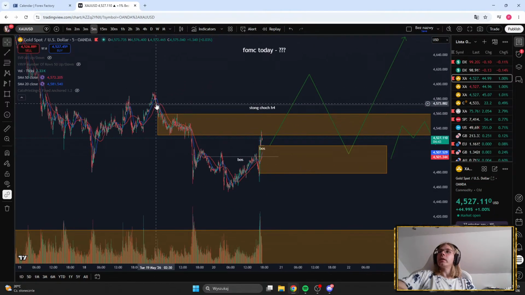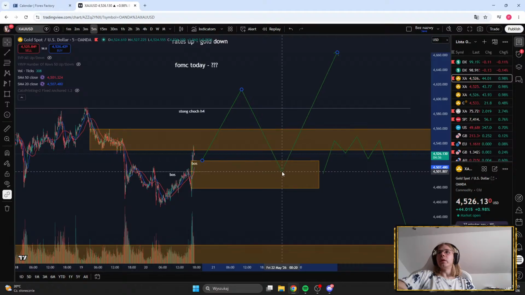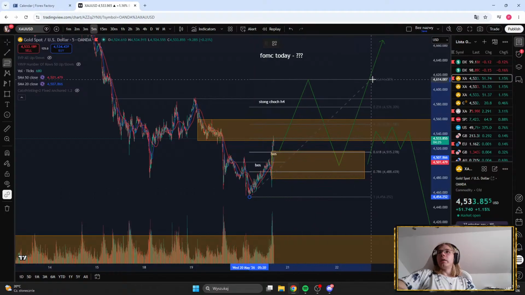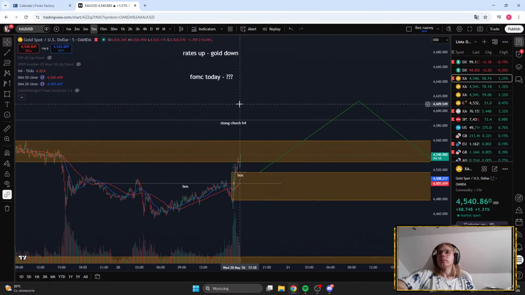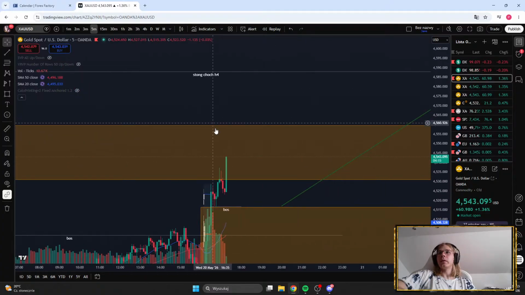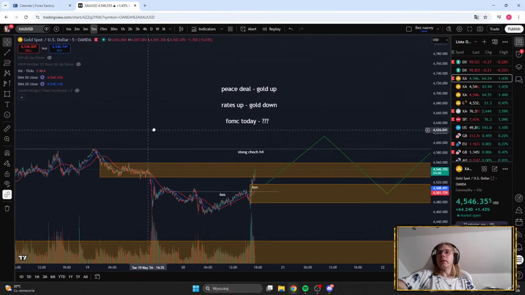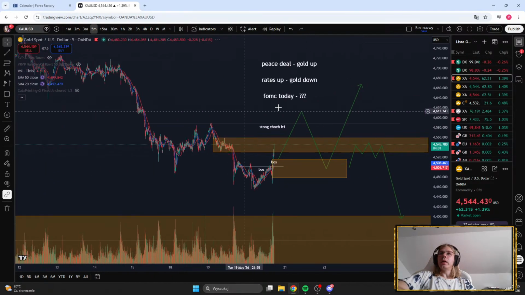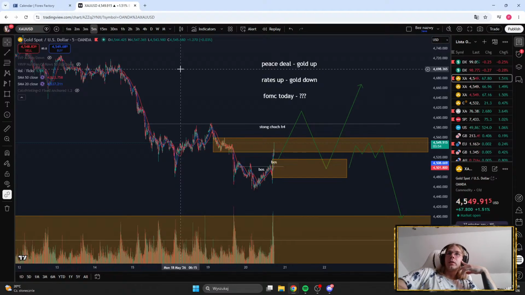Take out that highs, that equal highs here. One, two, yeah, maybe three. Take it out, do the deeper pullback into this zone and go. That's for buys. Yeah, something hit us. Probably some news hit us now. It's looking so good to sweep that highs. If we sweep that highs, I will be super confident with going upside on gold.